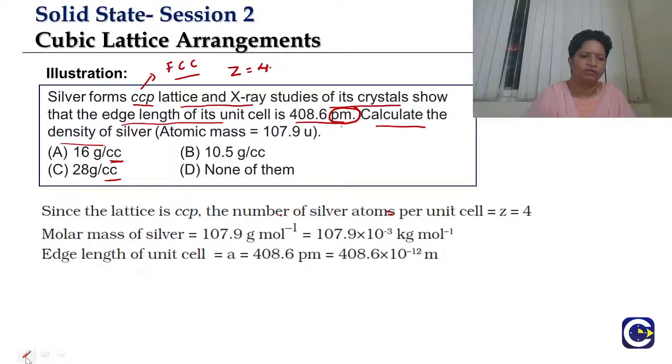Whenever they give you CCP, you understand it is the FCC that is given. That is 4. Here it's given in meters. Let's convert that also into centimeters: 408.6 into 10 power minus 10 centimeters.